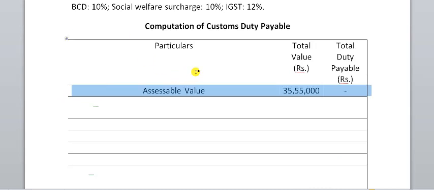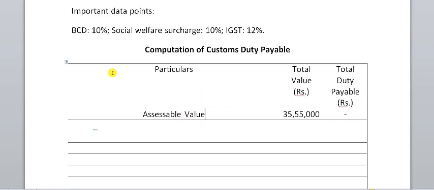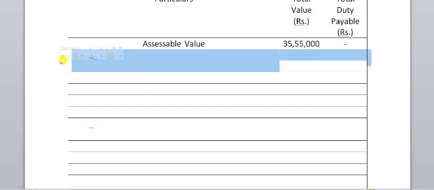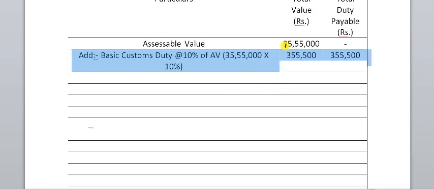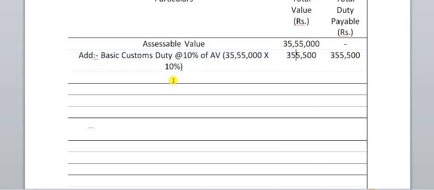Next, first take the assessable value. Important data points. Basic customs duty is at 10%. Social welfare surcharge is at 10%. IGST is at 12%. Add basic customs duty to this assessable value. 35 lakh 55,000 into 10%, 3 lakh 55,500. Write it in both the columns.